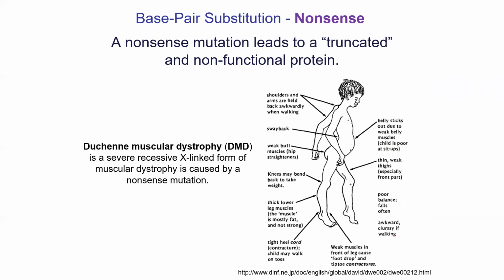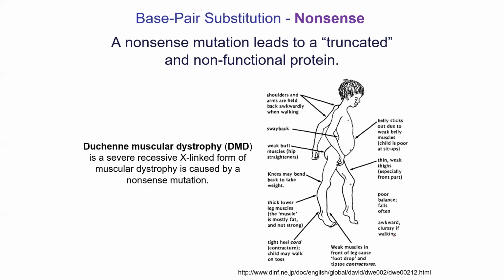This one here is a type of muscular dystrophy, Duchenne muscular dystrophy. I think that's how you pronounce it. And this is an X-linked form of muscular dystrophy. That means it's carried on the X chromosome. And so usually what happens is females could be a carrier, but they have at least one functional copy of the protein.